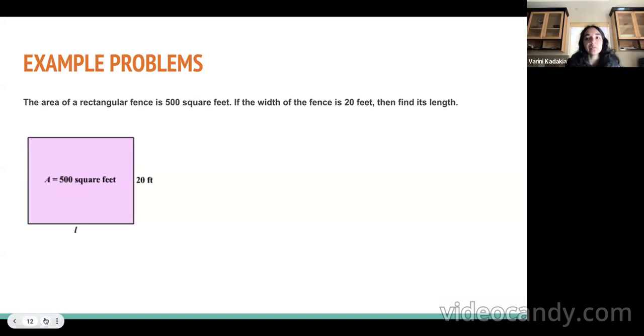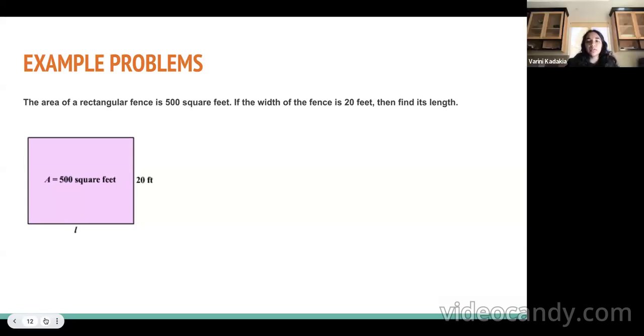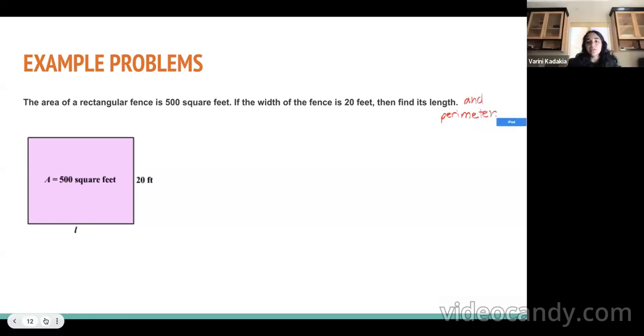This one might be a little complex, but we need to combine what we learned today to solve it. You're going to use the area to find the length, and then I want you to tell me what the length is and the perimeter. And don't forget units.